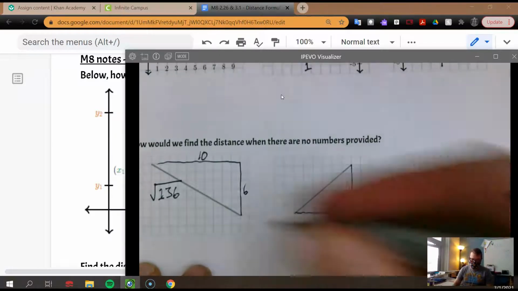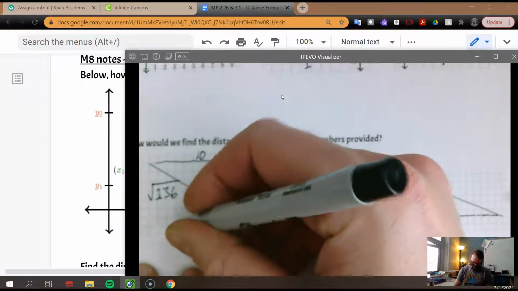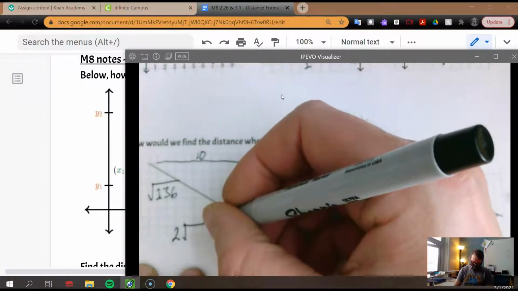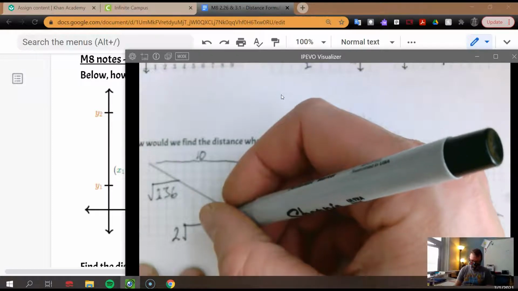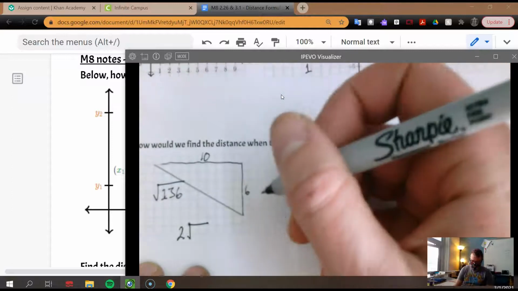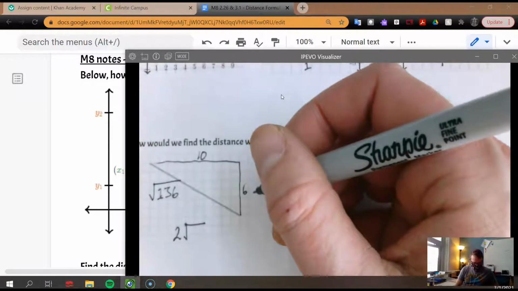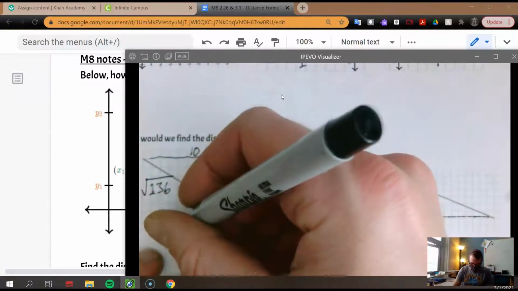So then you said they gave you what as your answer, Logan? 2 square root 36, but 36 is a perfect square. Are you sure? 34.